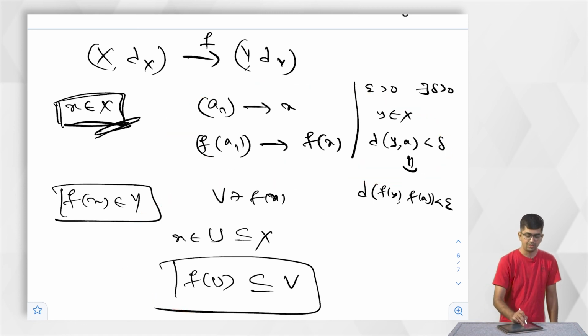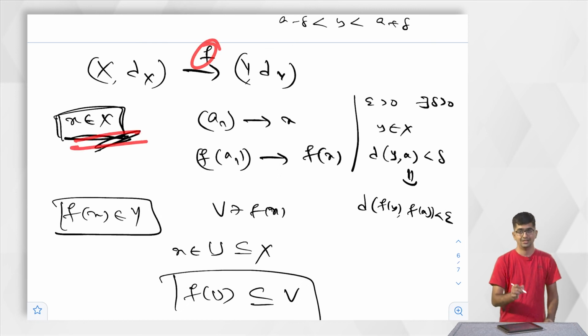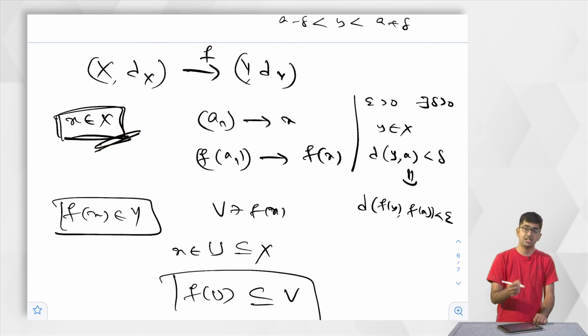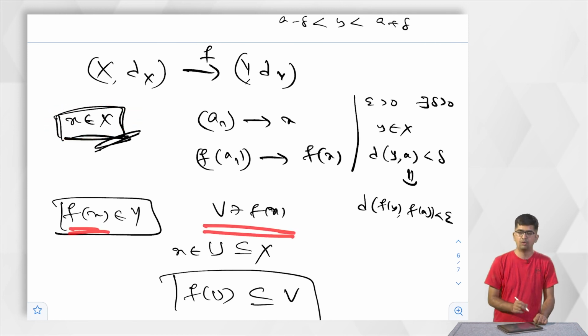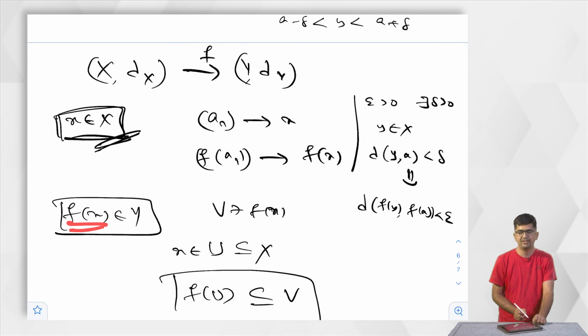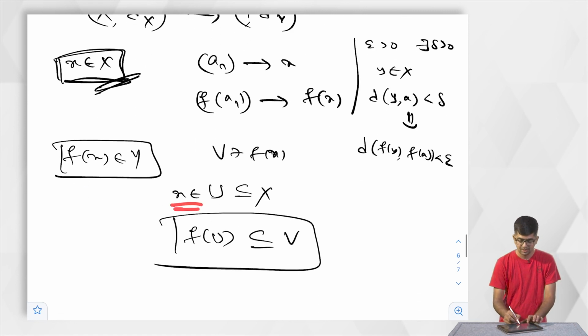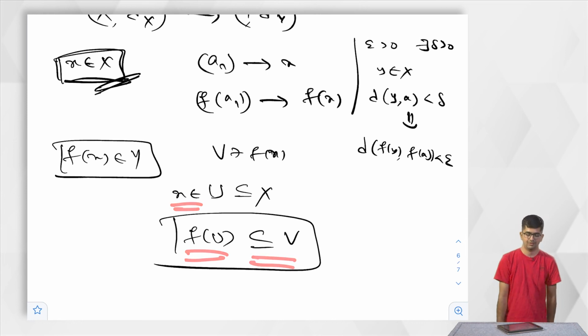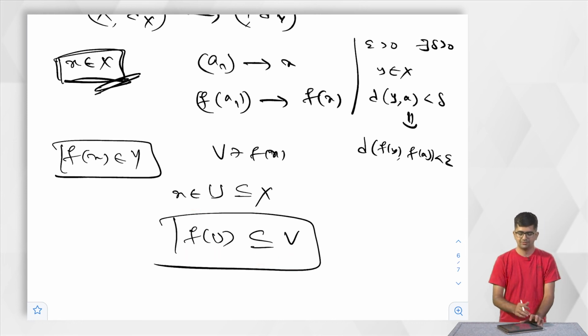A function f is said to be continuous at x if, for the image, you take any open set containing this element f(x), there is an open set U containing x such that f(U) is contained in V. This is the notion of continuity of metric spaces.